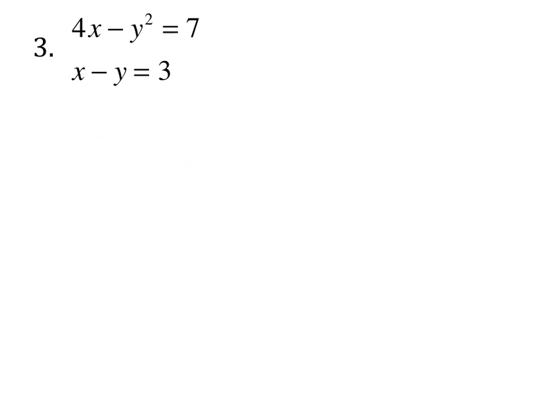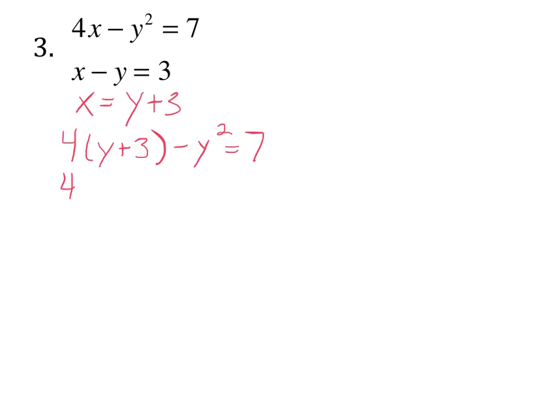In number 3, it looks like it would be easiest to isolate x. So if we add the y over, we get x equals y plus 3. And now we are going to replace the x with y plus 3. And it looks like we'll be solving for y first.